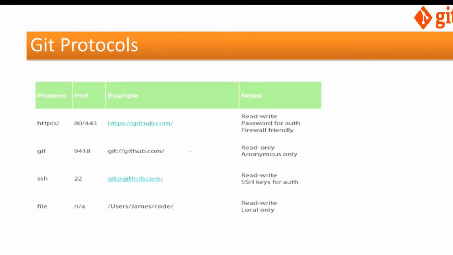Similarly, ssh is supported, and with the help of that we can do it. If you are using GitHub, then you can use the git and file commands as well.